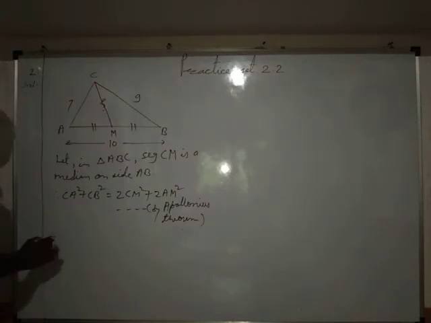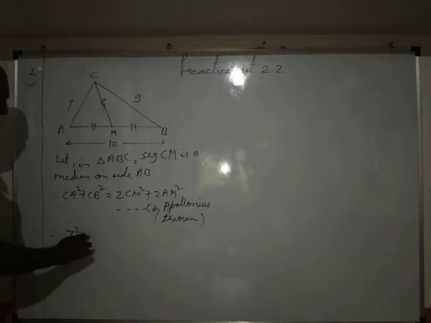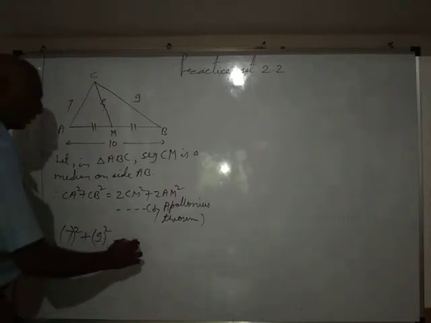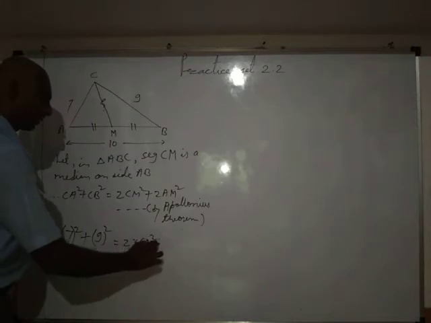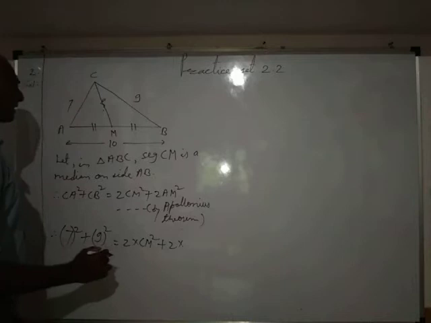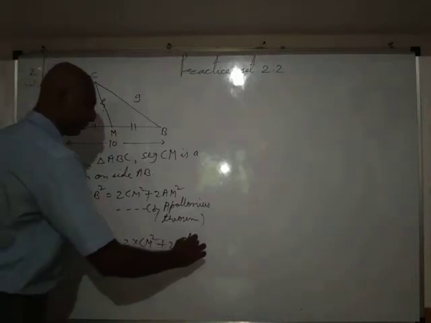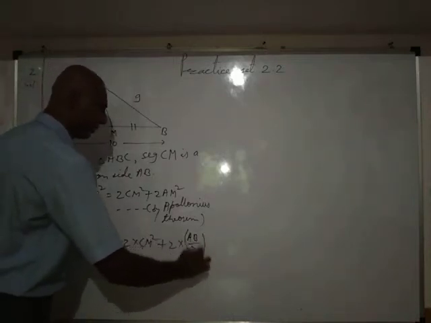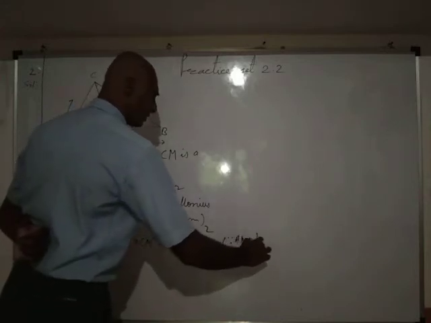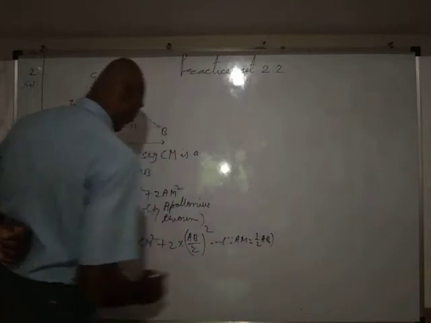And therefore the length of CA is 7. CA square means 7 square plus CB square means 9 square equals 2 into CM square, we don't know the length of CM, plus 2 into AM square. AM is half of AB, means AB by 2 its square, since AM equals half of AB.